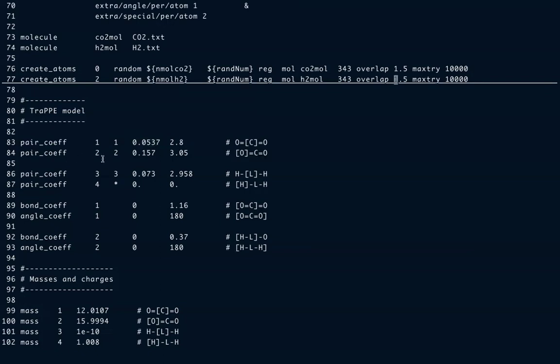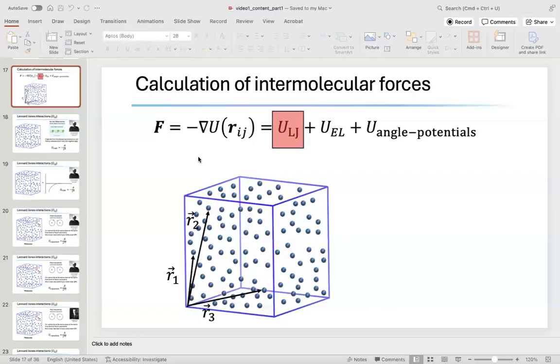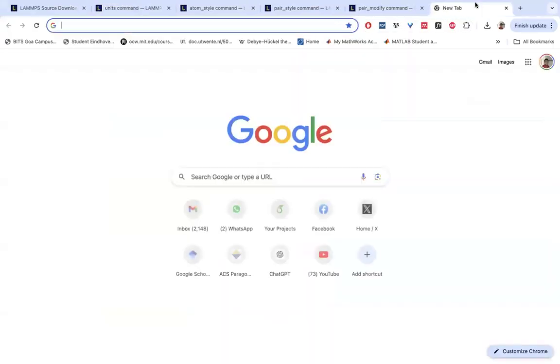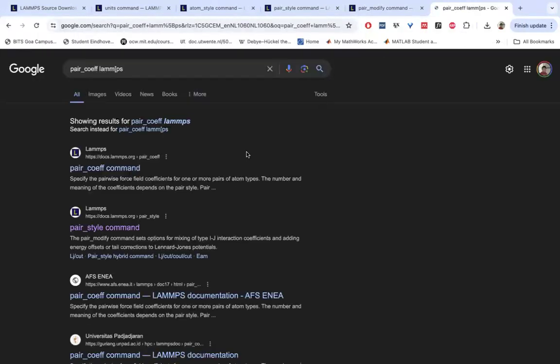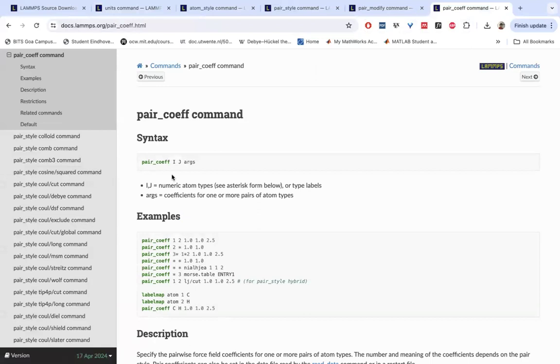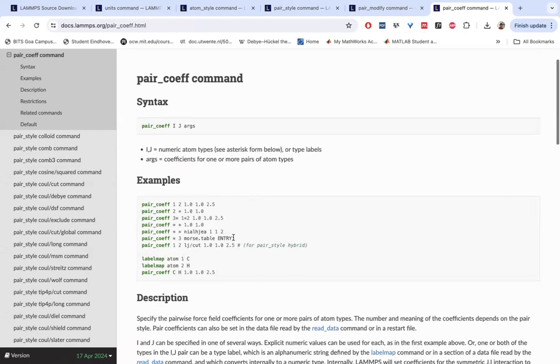All right. So you can also have a look at the pair coefficient command on the website of LAMMPS. So you can say pair coef. So as you see, pair coef tells you I, j and the args. I, j is the numeric atom types, and then arguments are for one or more pairs of atom types.